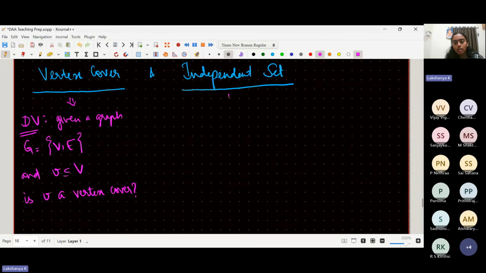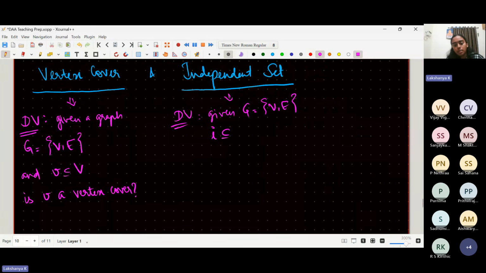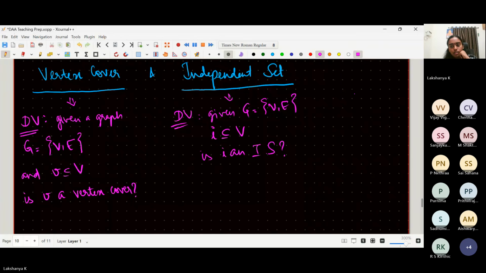Okay, similarly, the decision version here: given G equals (V, E), and let's say I is a subset of V, is I an independent set? And by independent set, what do we mean? Again, a subset of vertices such that there is no edge. What's the definition of independent set again?